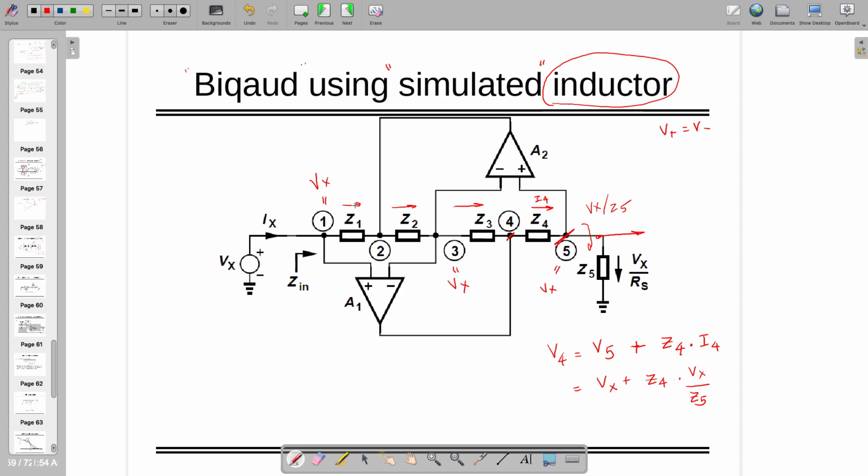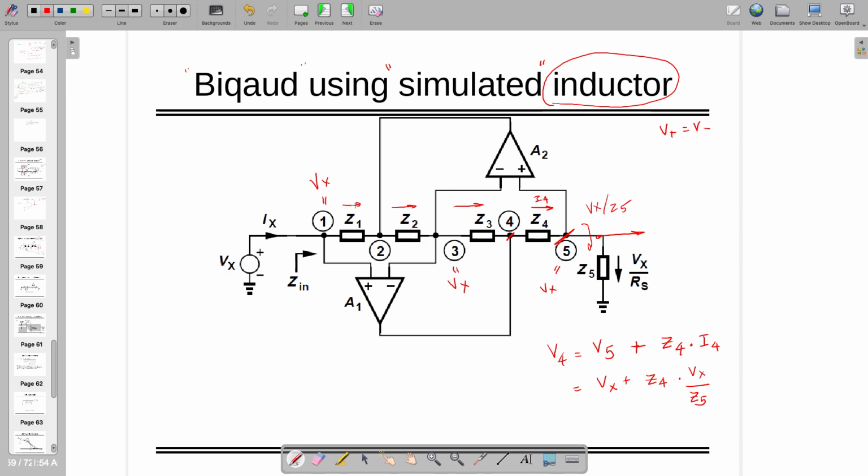V4 equal to Vx? No, that's not possible. It's not going. No, the op-amp is not contributing any current.